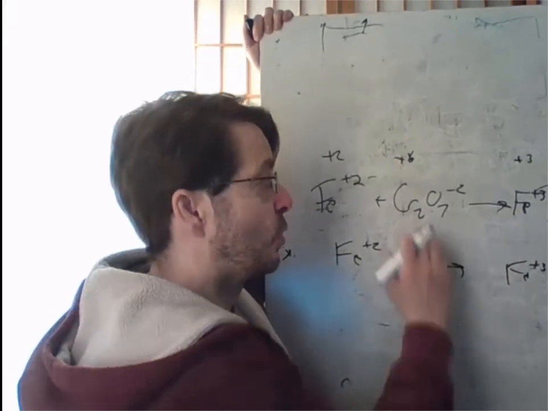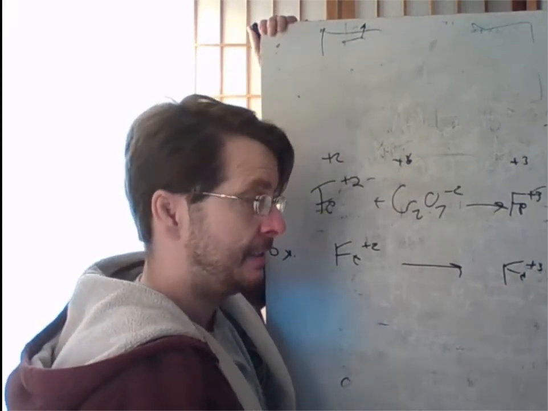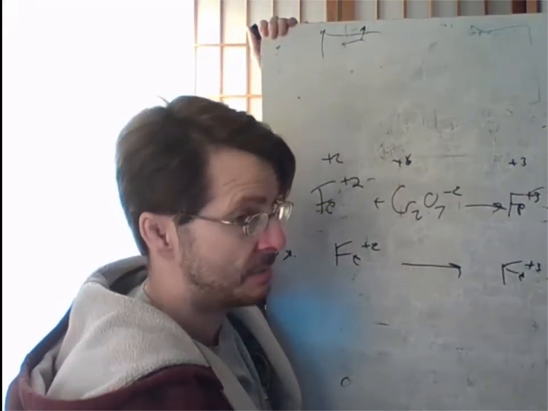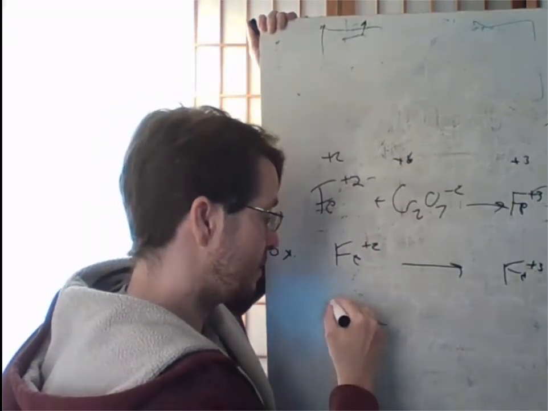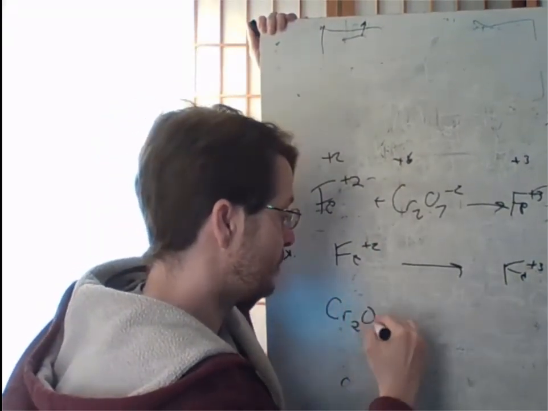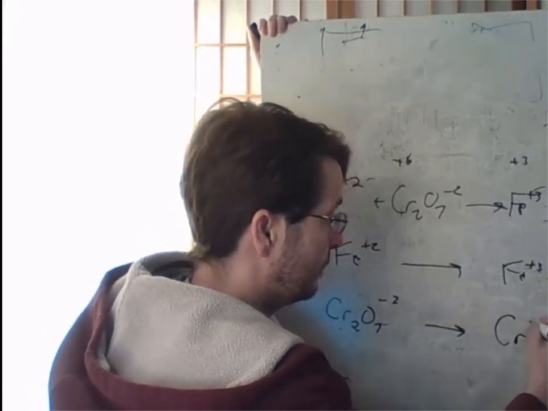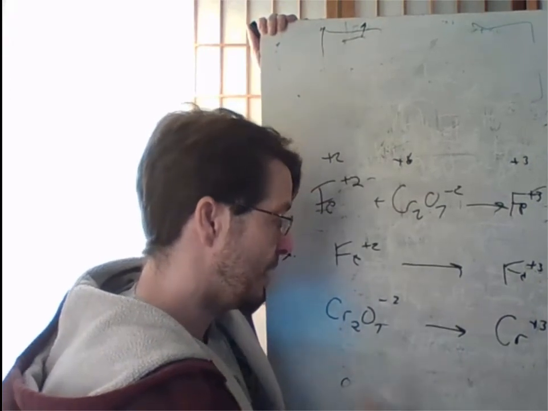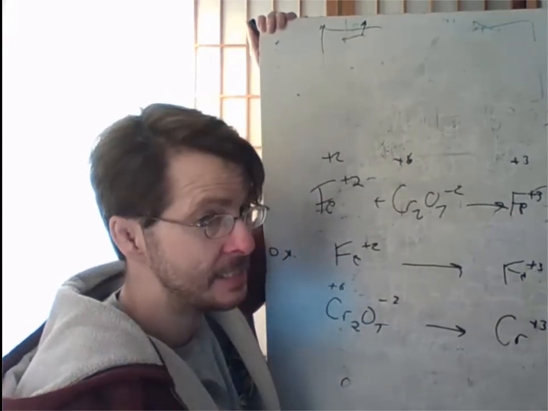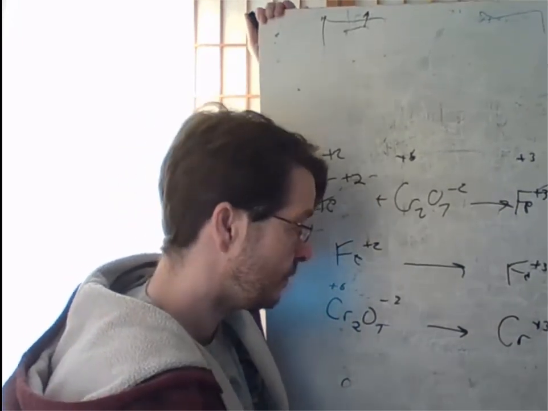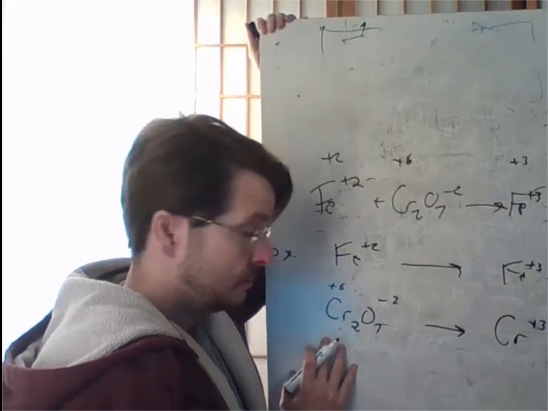Now, the dichromate in this case has to gain a certain number of electrons for this to be balanced. And we have to look at its oxidation number to figure that out. And so we start with the Cr2O7 2-, we can see that the Cr+3 is being formed. This chromium is again going from +6 to +3, and so it gains at least 3 electrons. But here's the thing. There are 2 chromiums here.